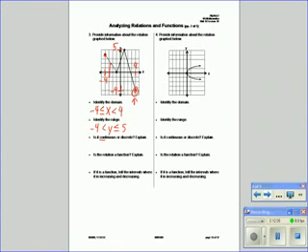So it is continuous, because there are infinitely many points. Is the relation a function? Does it pass the vertical line test? Yes, it does.